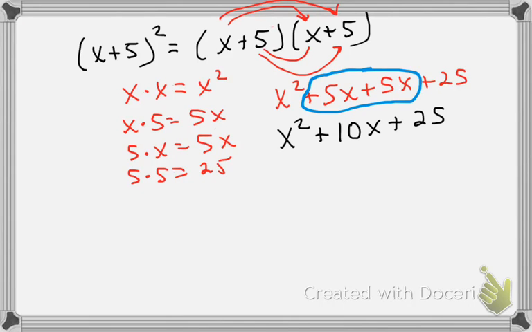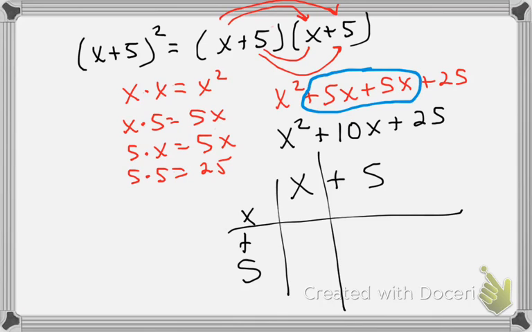Now, there is a method called the box method, which we've talked about, and you could do it this way as well. Watch this. Here's the box method. Okay, so x times x is x squared. x times 5 is 5x, and then 5 times 5 is 25.